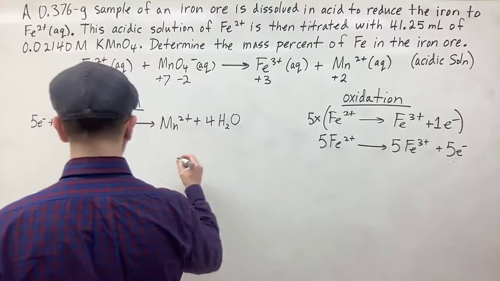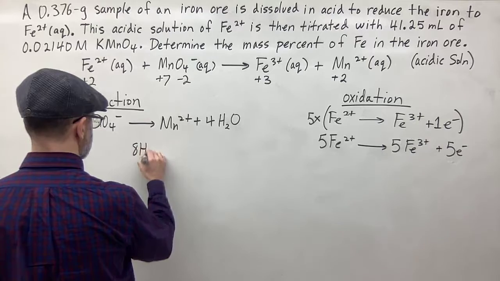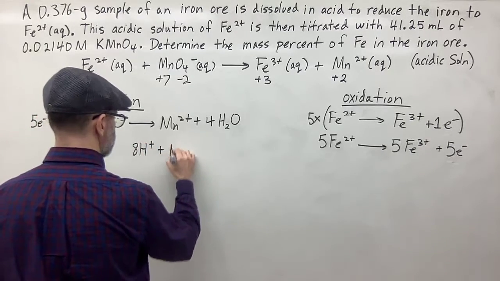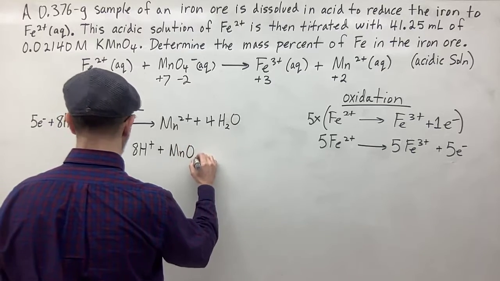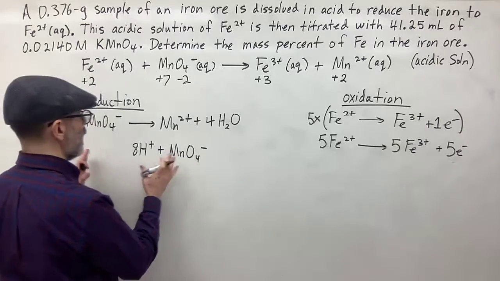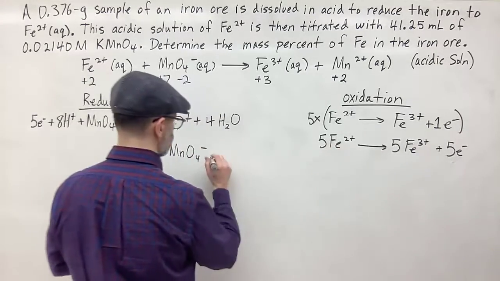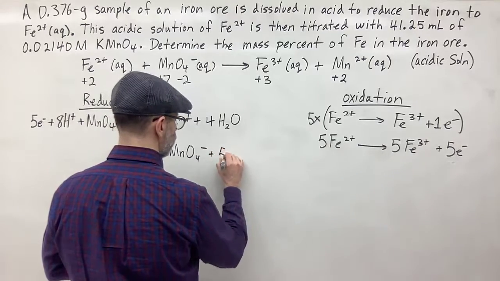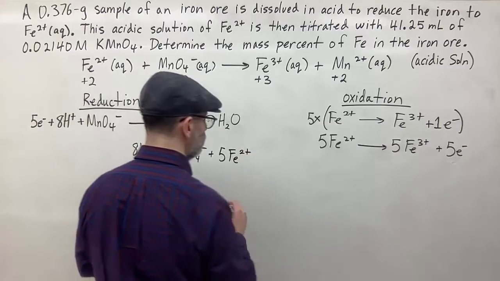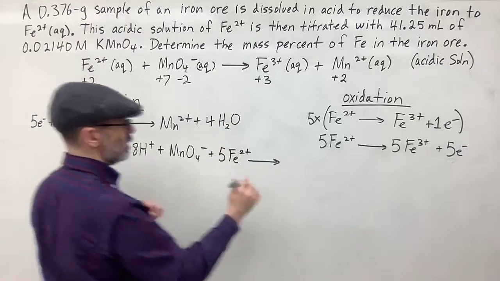So let's go ahead and put these back together. So here I have 8 H+, MnO4-, and then I've got to add the reactants to the same side. So these reactants plus this reactant here, so I'm going to add that plus 5 Fe2+, and now the products. So I have these two products here.